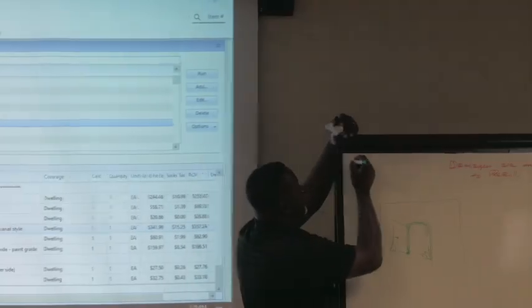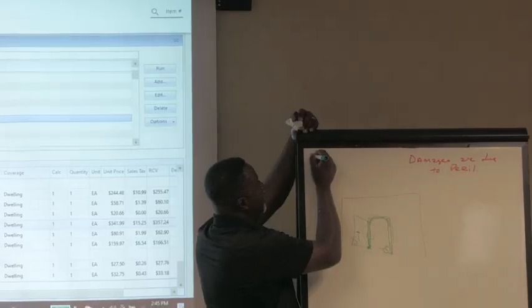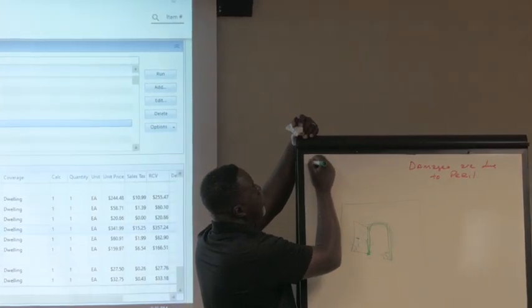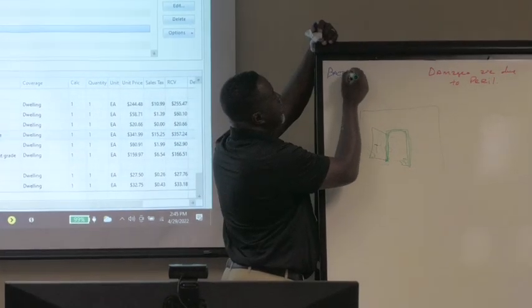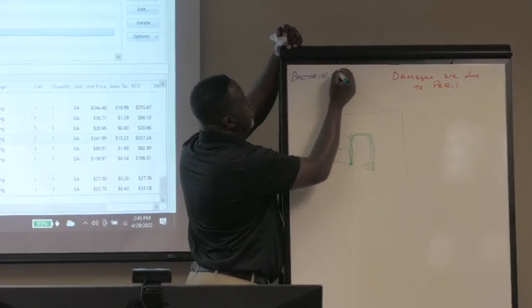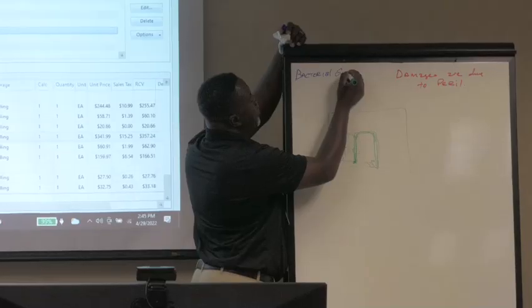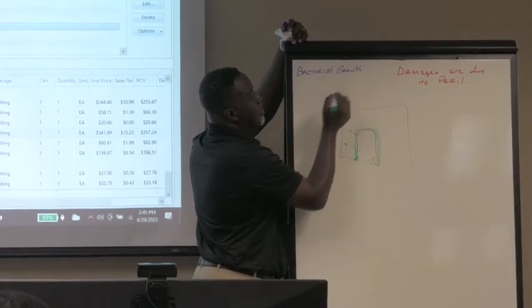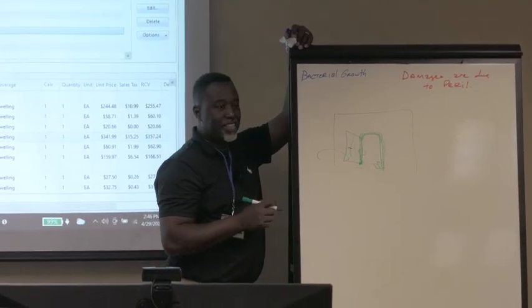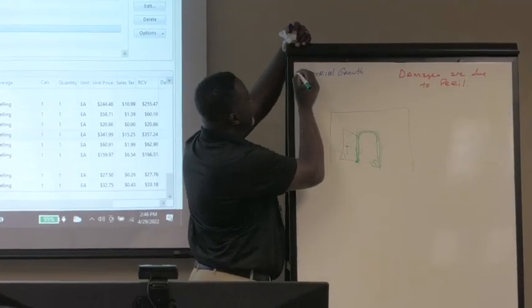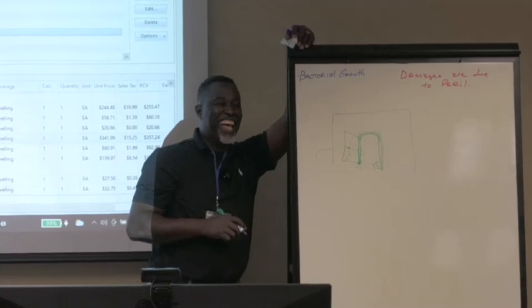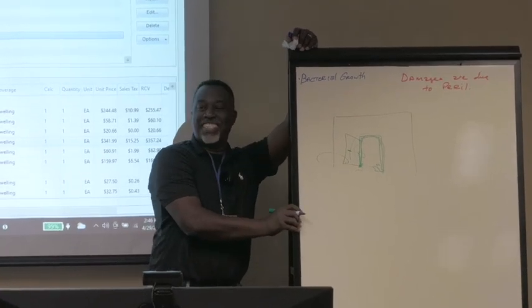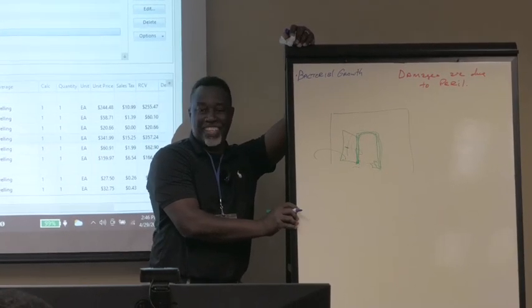Three dead giveaways. Rust, right? Particles from inside of the door. Hold on, bacteria growth, better known as the M word. We don't talk about that. Don't say that, girl. So that's why you go back to fungi. We do not say the M word as an adjuster. You're right, my bad.